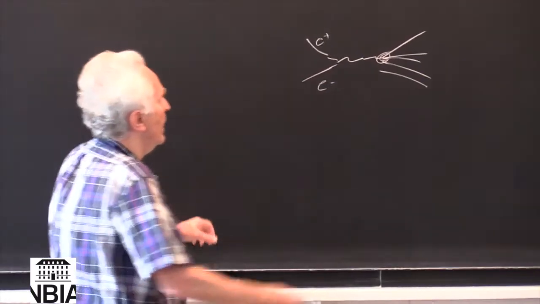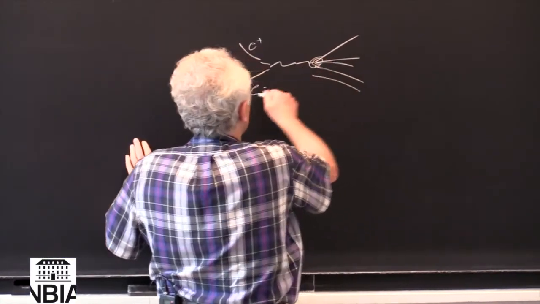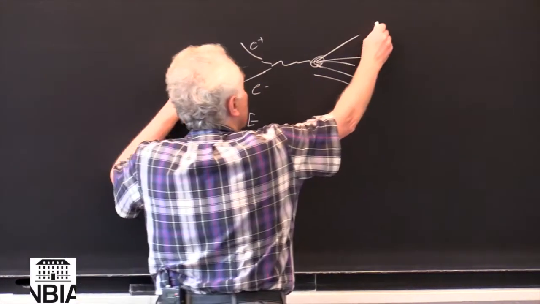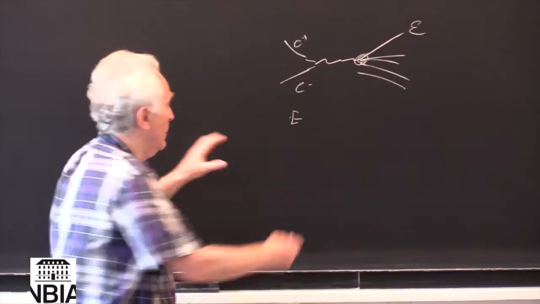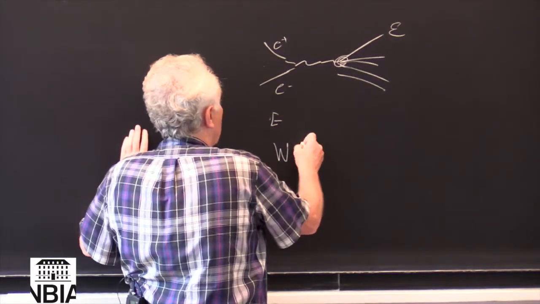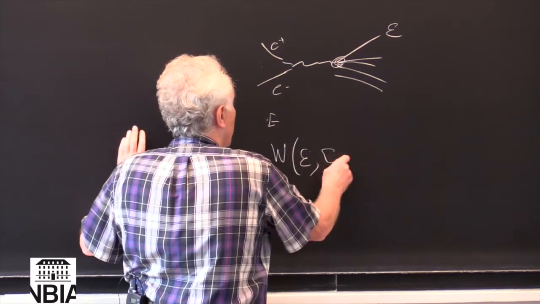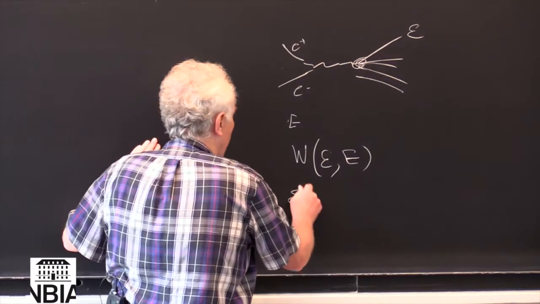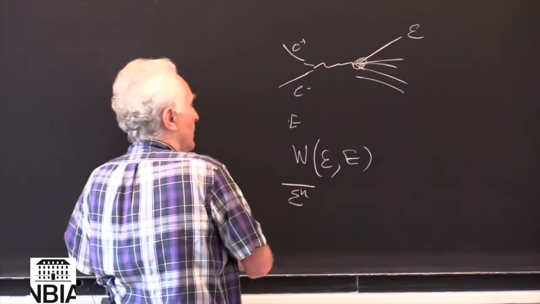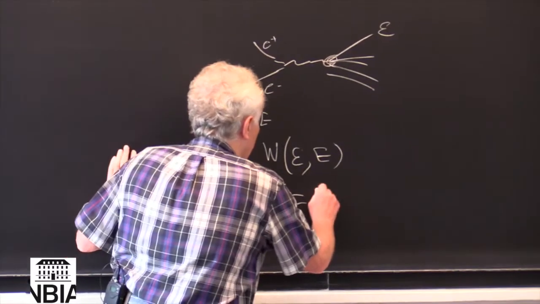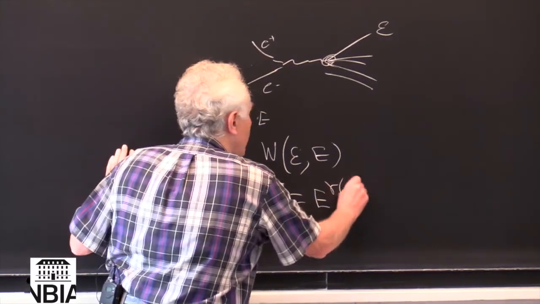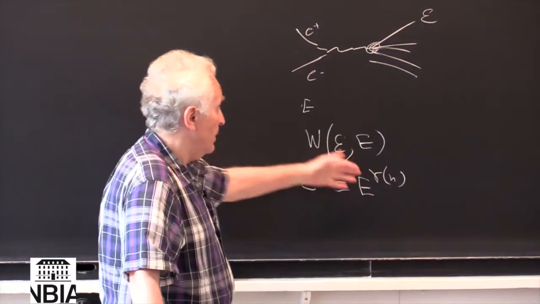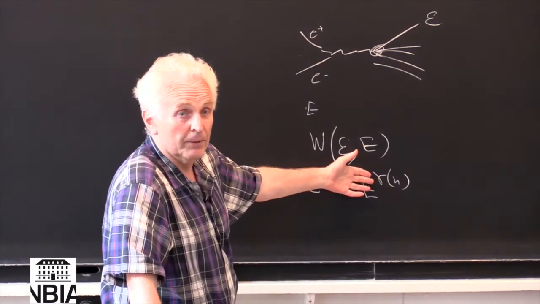That's the amplitude, and you select, you have two things. You have the initial energy of e plus e minus and the energy of one of the particles. And then you have a probability distribution for the function of two variables. Turns out that if you calculate the nth moment with this thing, it's energy to the power gamma of n, some anomalous dimension, and now in QCD we know explicitly the answer for this.